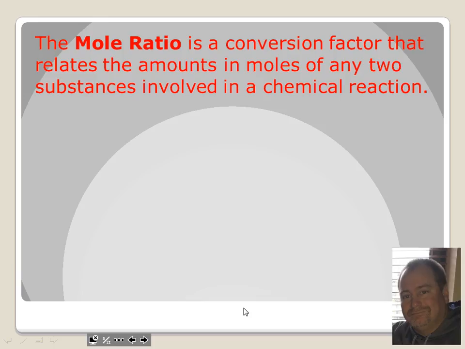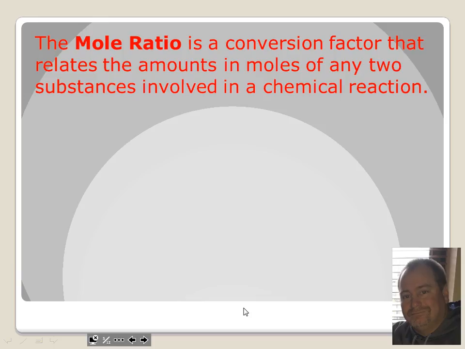So the mole ratio is a conversion factor, and we're just going to use that in a conversion box, just like we have been doing, or just like how I have asked you to do these problems. Now, like I said before, some people are still plugging and chugging them into the calculators and not showing their work.